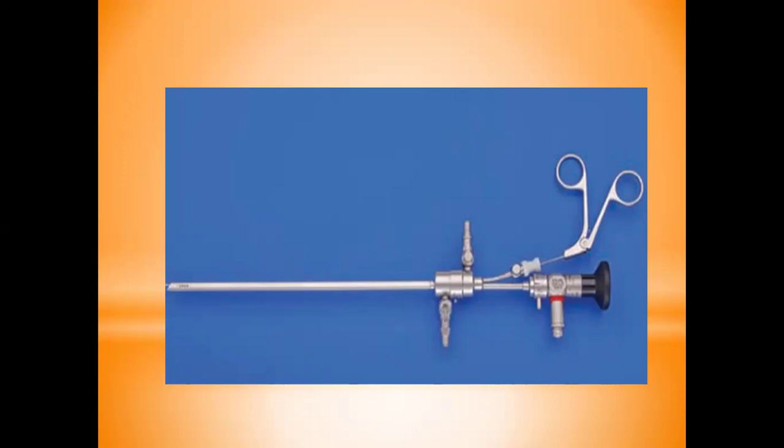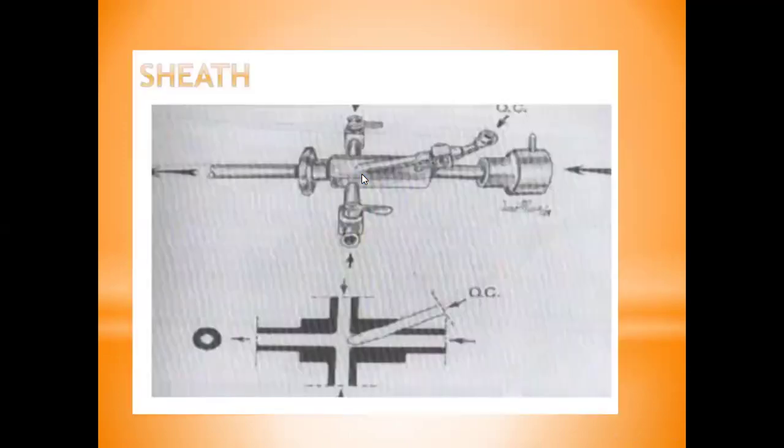In operative, we use large sheaths and need dilatation of the cervix, may reach 10 millimeter or 8 millimeter. This is operative, to allow the instrument to enter inside it. A small instrument like this scissor can enter in diagnostic 5 millimeter or even in office hysteroscopy. Office can be done without anesthesia or with local anesthesia.